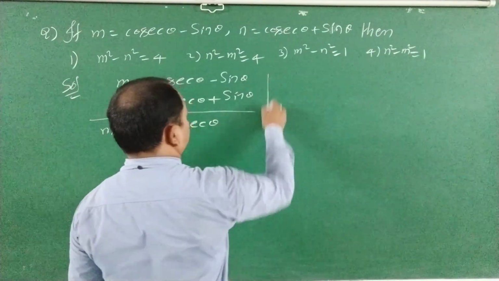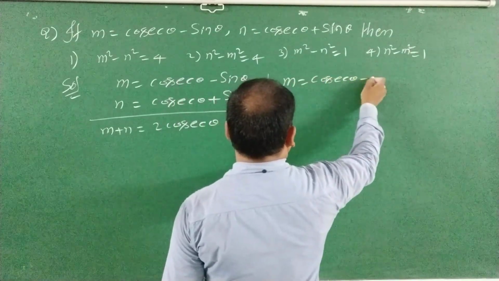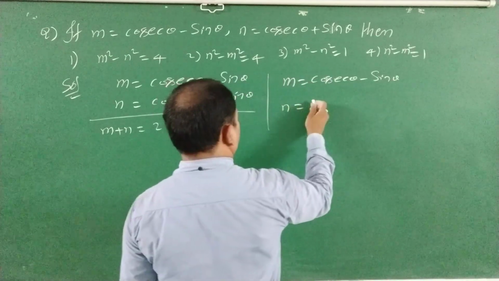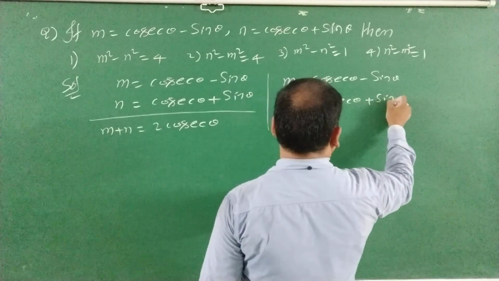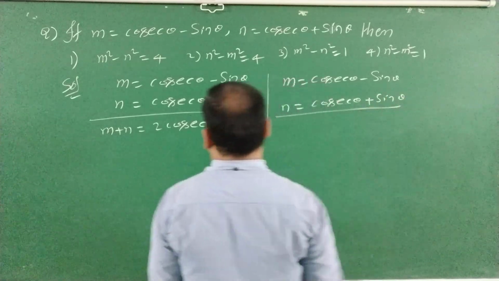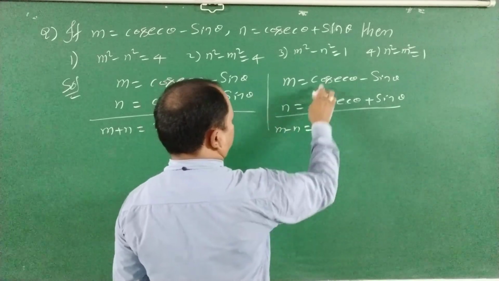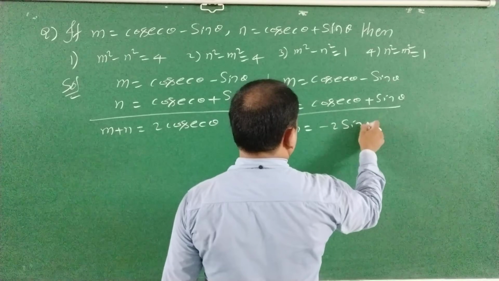Similarly, subtract here. Then it is m minus n, here cosecant theta is cancelled, so minus 2 sin theta.